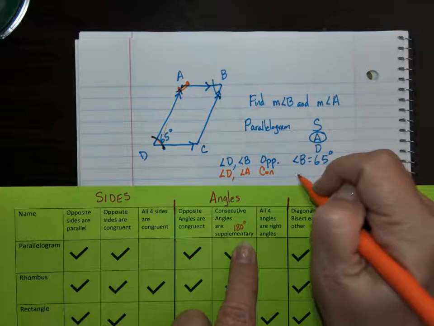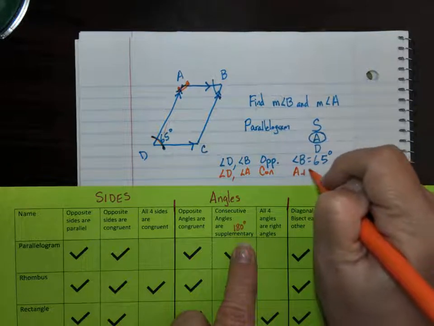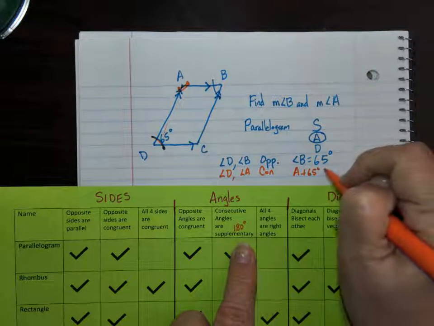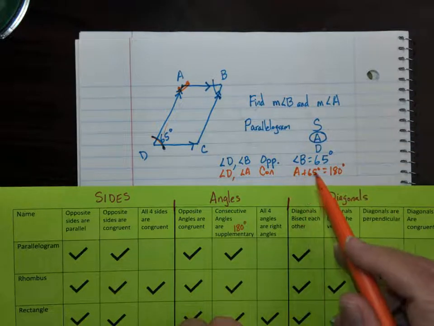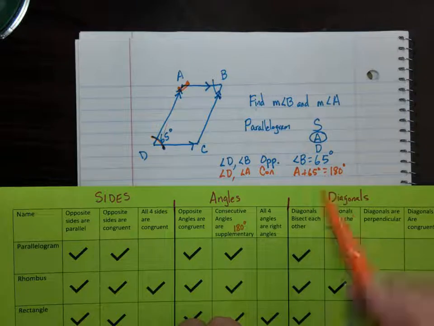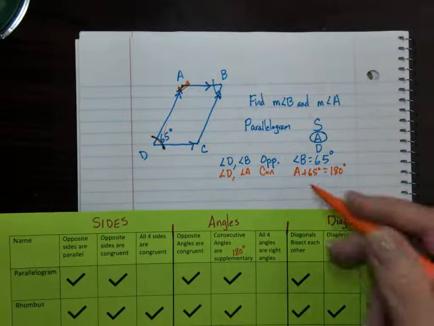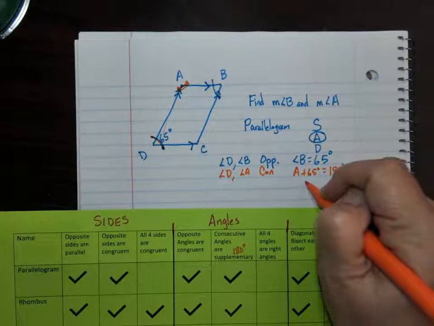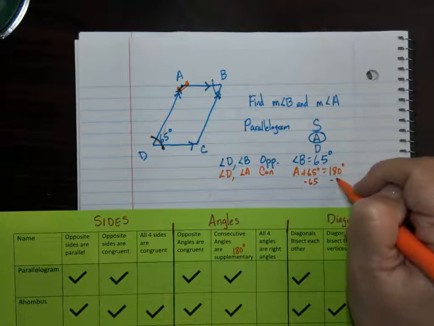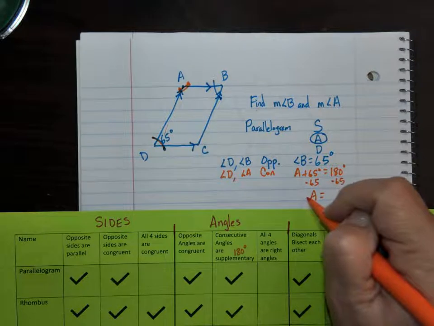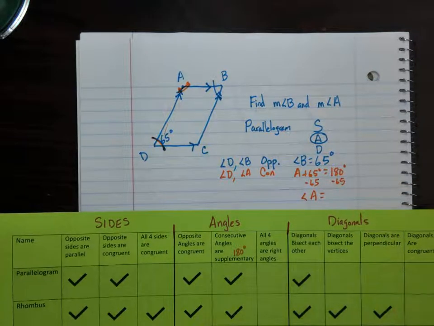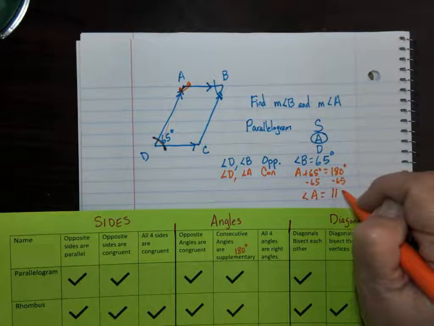So that means angle A added with 65 degrees equals 180 degrees. To know angle A, we're going to subtract 65. It's going to be 180 subtract 65. And then angle A is going to end up being 115 degrees.